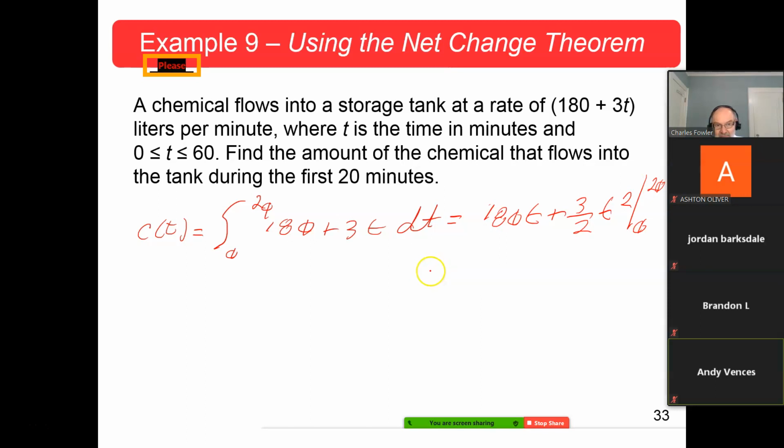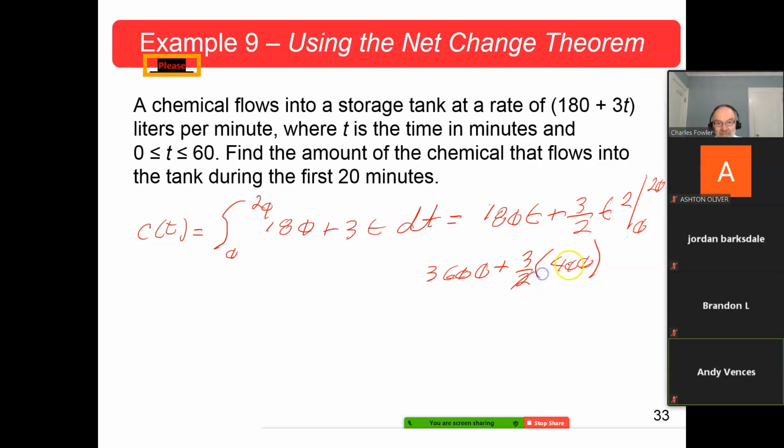So this will be 3,600 because the 0 is here, plus 3/2 of 400. T squared, 20 squared is 400. Okay?